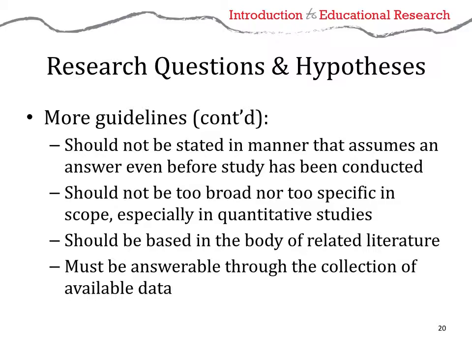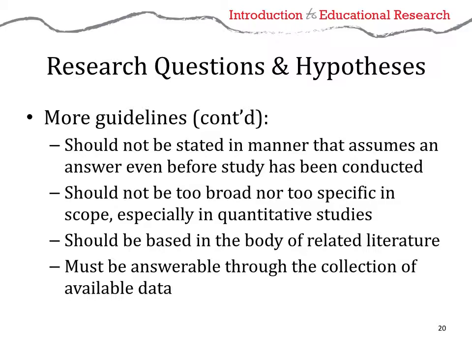So here's a few other guidelines. It's important to think about research questions not begging a question. All right, so they shouldn't be stated in a manner that assumes an answer even before you have begun. So again, back to that balance. You don't want it to be too broad or too specific. You're trying to hit it right at the level of your question and your interest and what's developmentally appropriate in the research line.